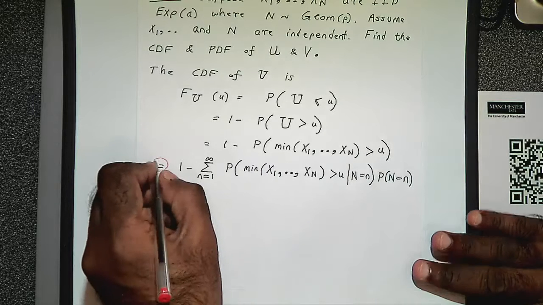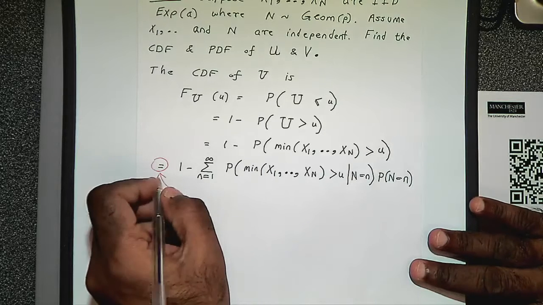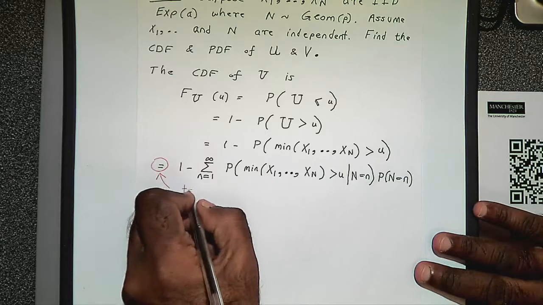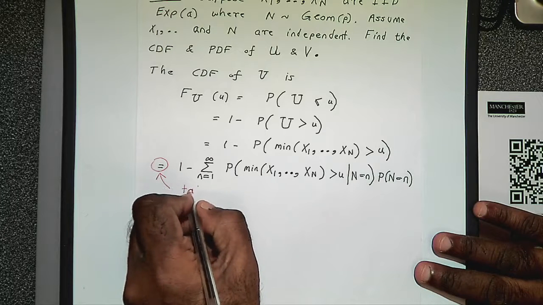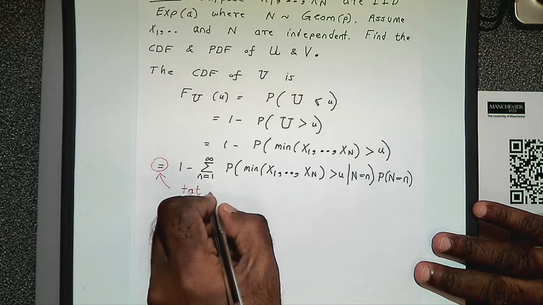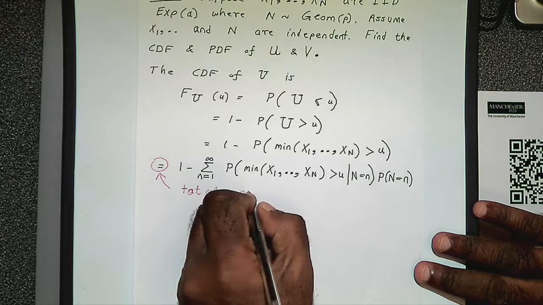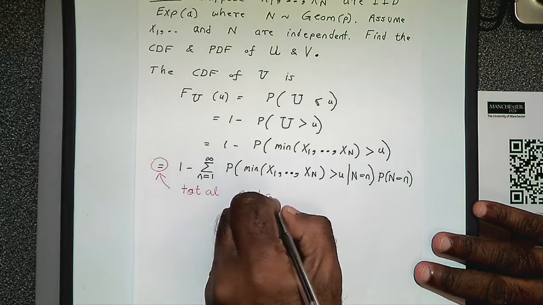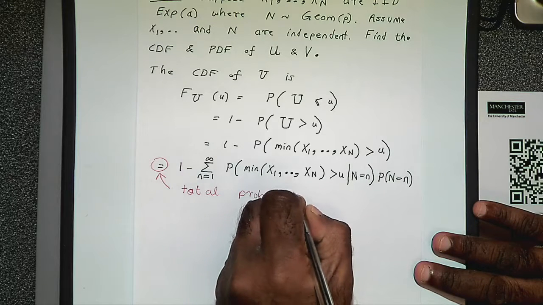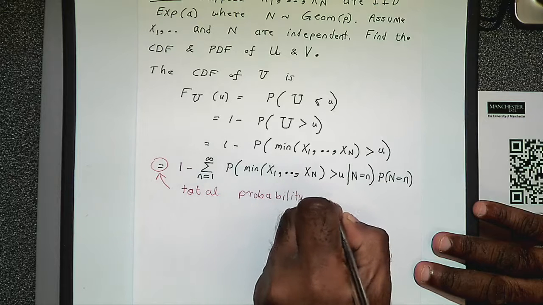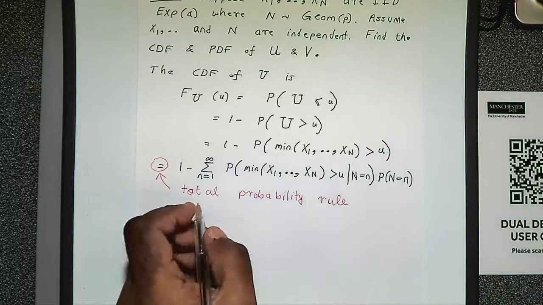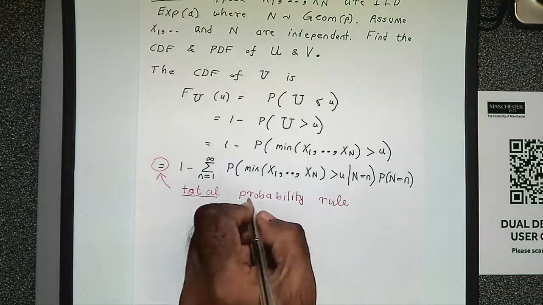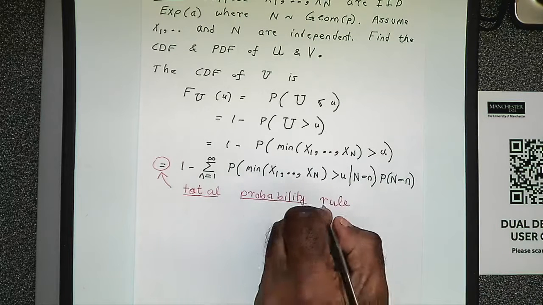I'm not sure whether you're familiar with this. I mean, you must know this from your first year probability. Total probability. Do you remember this or not? You probably did this in your first year probability 1 course.